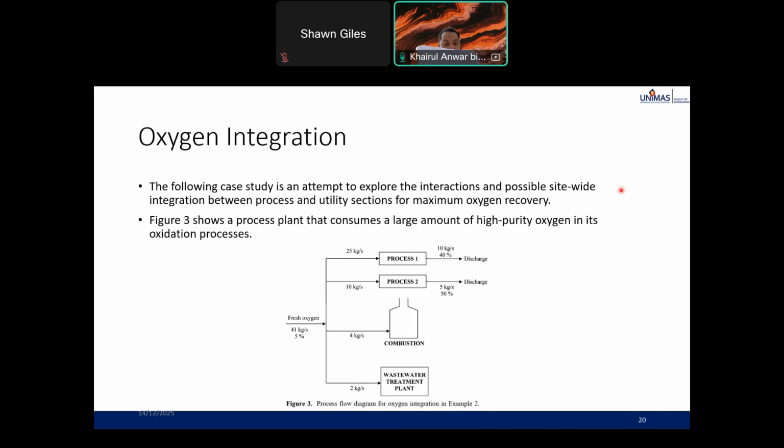All right, and then we go for the second example. Any questions?